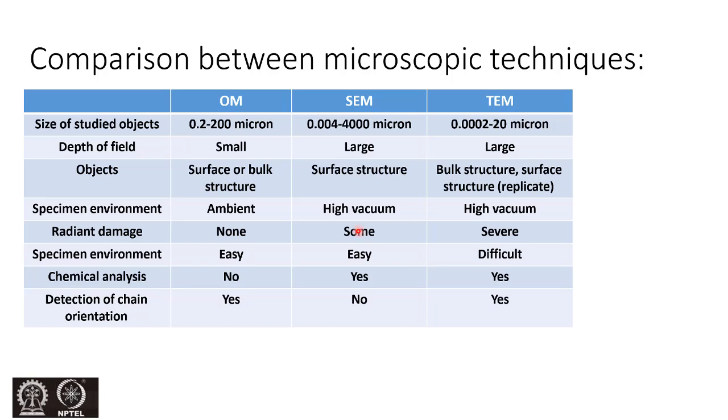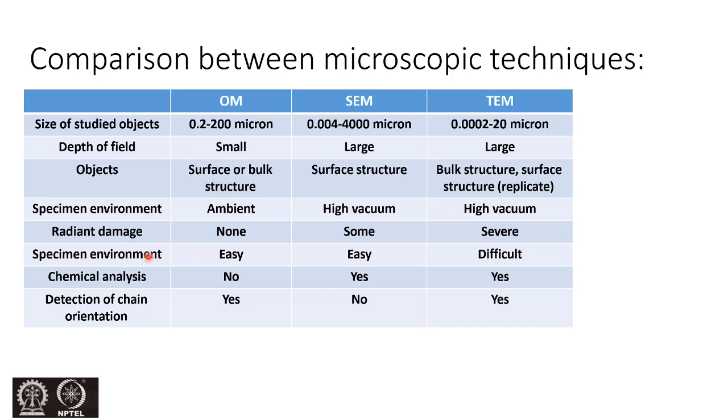Then radiation damage. In the optical microscopy there will be no damage, because we are using visible light as a source. But in the SEM there might be some damage because of the high energy electron beam, and in the TEM we use a very high energy electron beam, so damage will be severe in those cases.